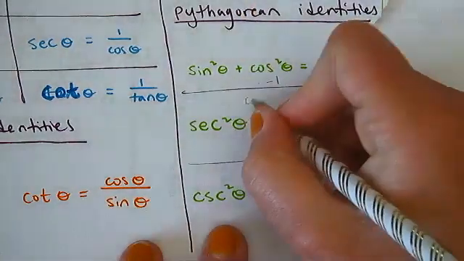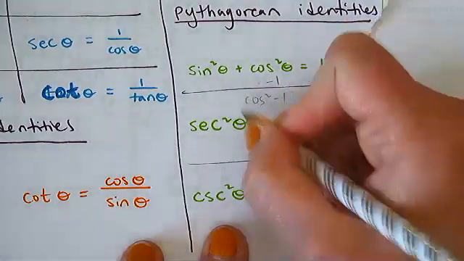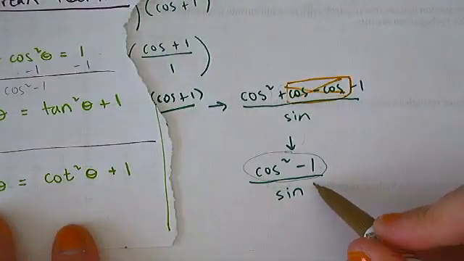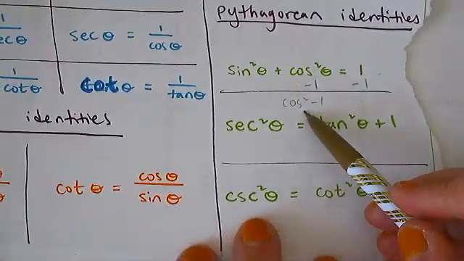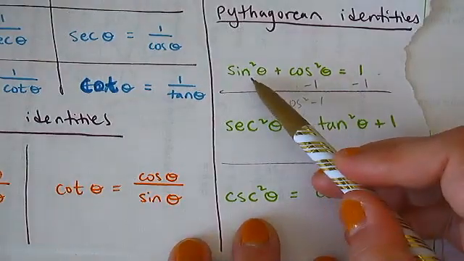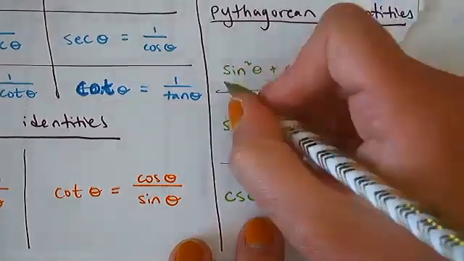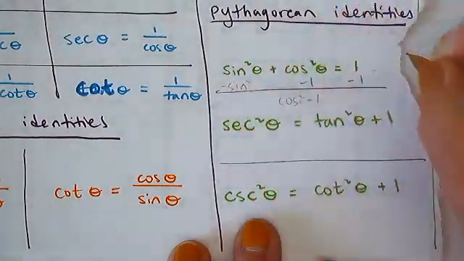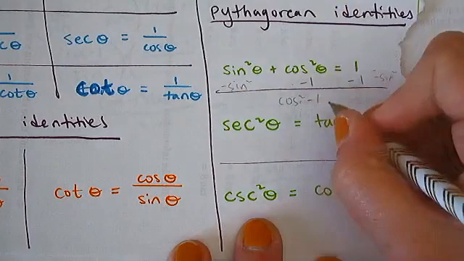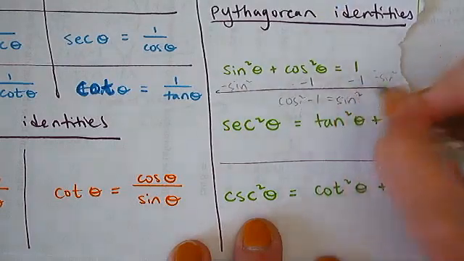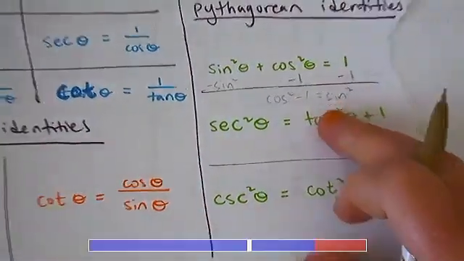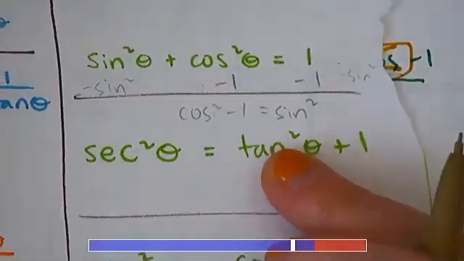I now have cosine squared minus 1, which is what I want, right? But it's not by itself. There's this sine squared being added. So what do I need to do with that to get this by itself? Subtract it over. That's what I mean by manipulating Pythagorean identities.